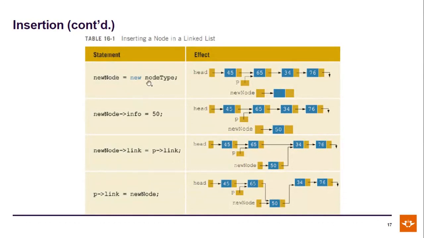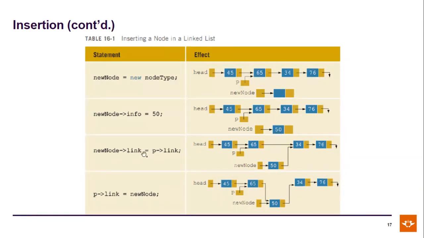So here, when I say node is new node type, this is what happens. I'm just creating a new node pointer. Remember, this is a pointer. I'm just creating a new node pointer, and it doesn't have info yet, and it doesn't have a pointer to the next node yet. And then when I say new node info is 50, I'm just adding 50 to the node.